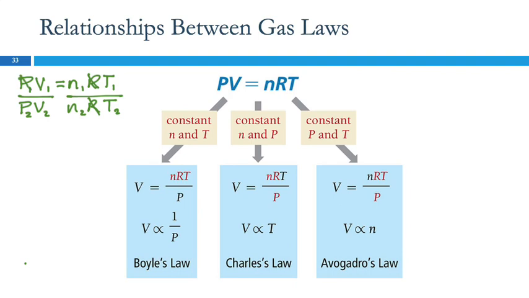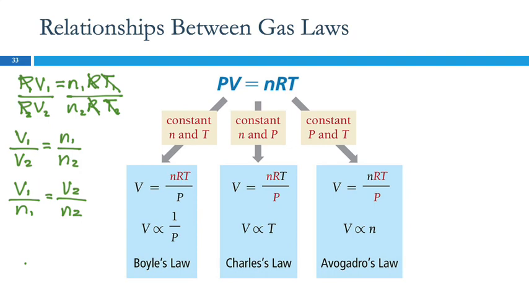So the pressures are going to cancel out. If the temperature isn't changing, the temperatures will cancel out. So what am I left with then? V1 over V2 equals n1 over n2. We can write that rearranged a little differently. And that's Avogadro's law.